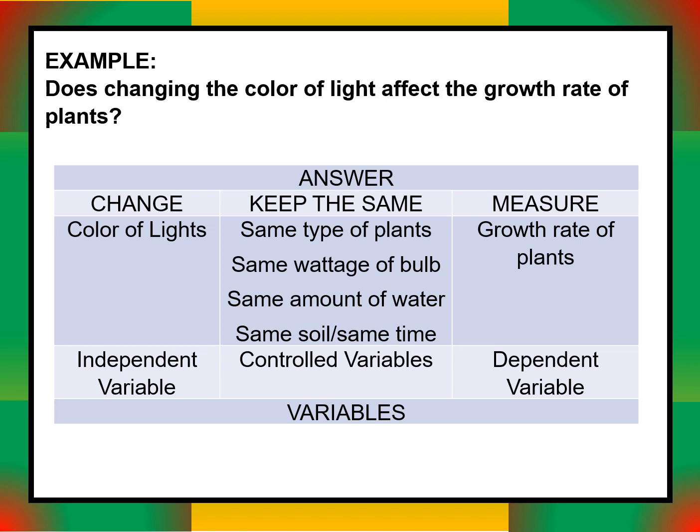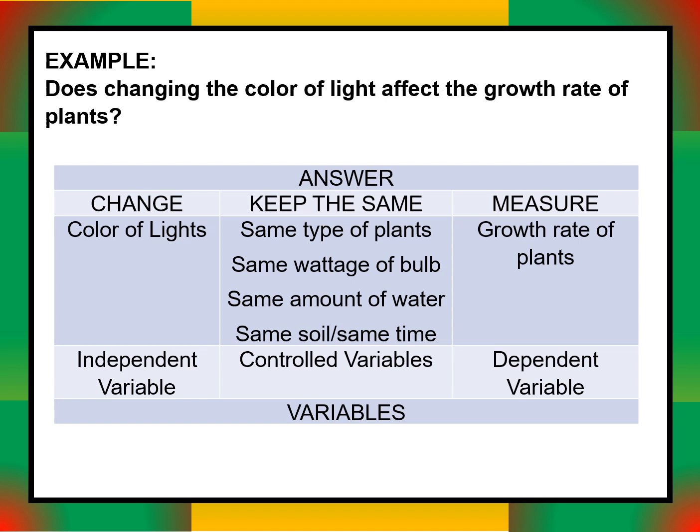You have to change the color of light. Color of light is the changed variable, that is the independent variable that is being changed. Then the effect is on the growth rate of plants. So therefore, you will measure the growth rate of plants. Since it is being measured, that is the dependent variable.